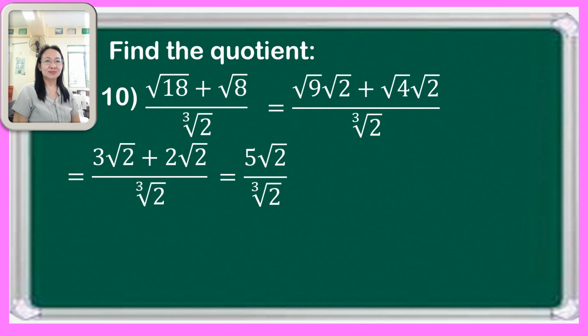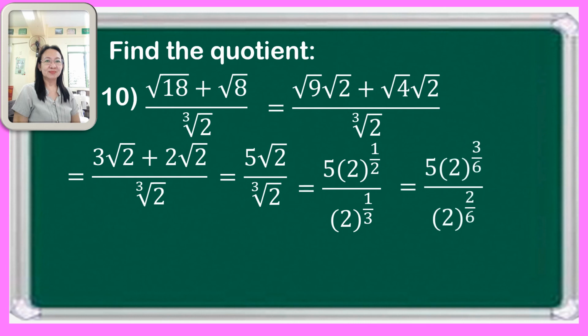Now, since we cannot divide them because the indices are different, let us change this into rational exponent form. So 5 times 2 raised to 1/2 over 2 raised to 1/3. So getting the LCM, which is 6, 1/2 is equal to 3/6, and 1/3 is equal to 2/6.